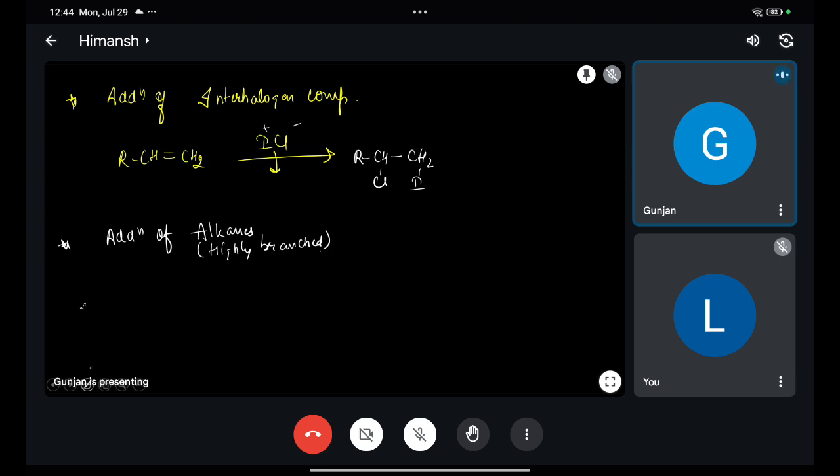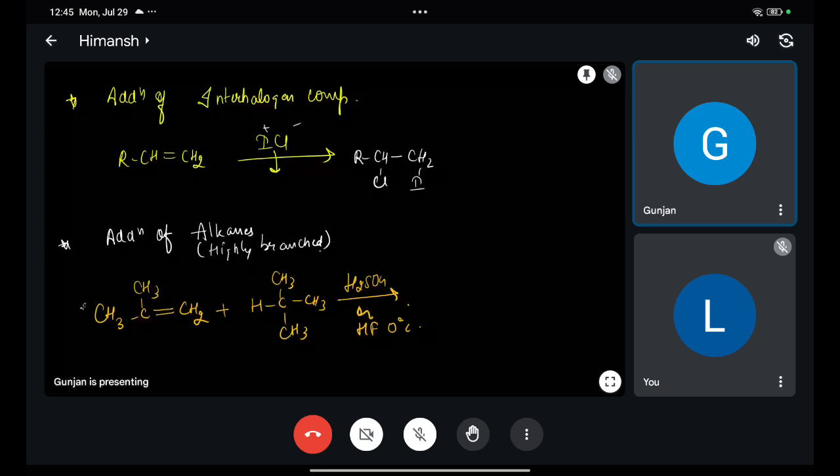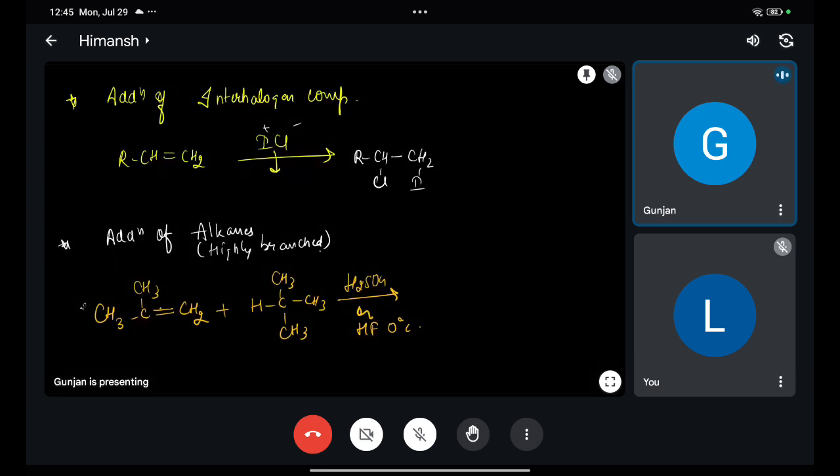So this is an alkane which is highly branched, in the presence of H2SO4 or HF. Temperature is 0 degrees Celsius. So at that time, what happened? The bond will cleave over here like this.